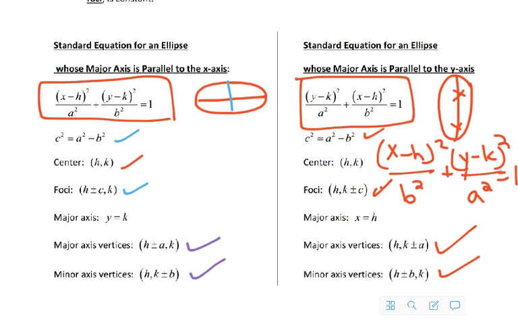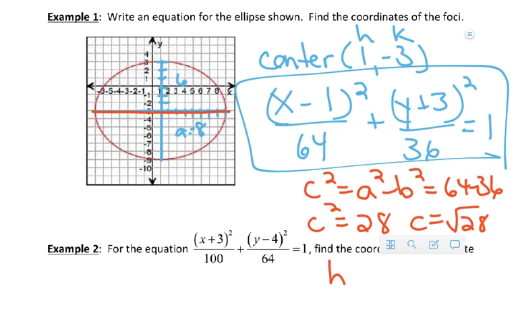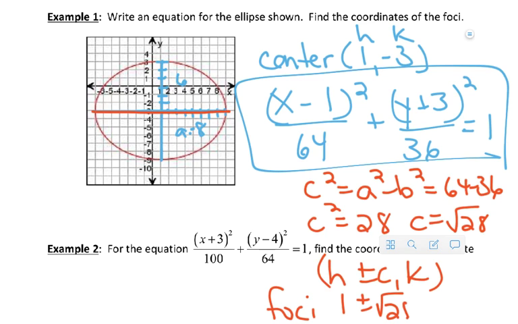And if I go back to the definition here for a second, the foci are at (h plus or minus c, k). So the foci must be at (1 plus or minus the square root of 28, -3).